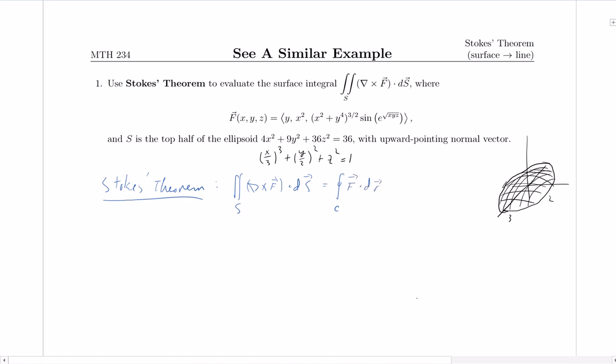And the domain for this line integral is the boundary of the surface S. So in this case, C is what I'm outlining in blue. It's the boundary of this upper half of the ellipsoid. It's the ellipse where it intersects the plane z equals 0.